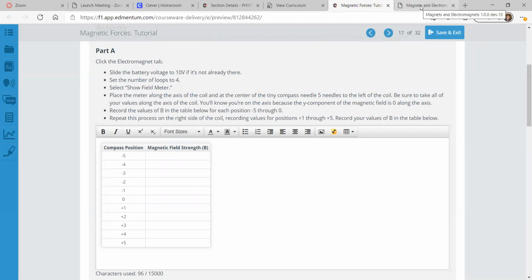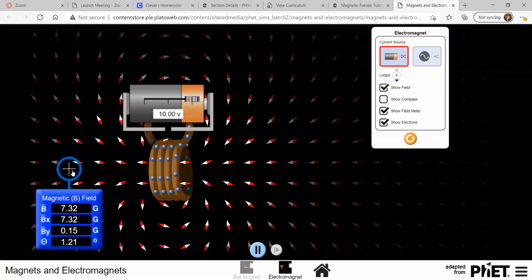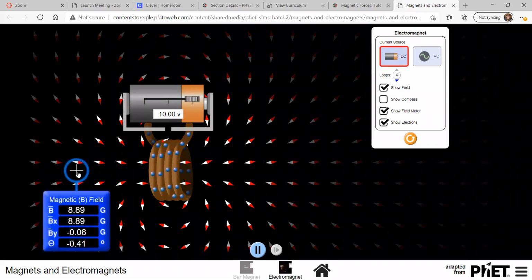So at -5, treat each of these needles as you would on graph paper. This is -5. Write down that B, and then you go to -4. Write down that B, but make sure this Y component is always 0. You want to stay on this level through the coil.